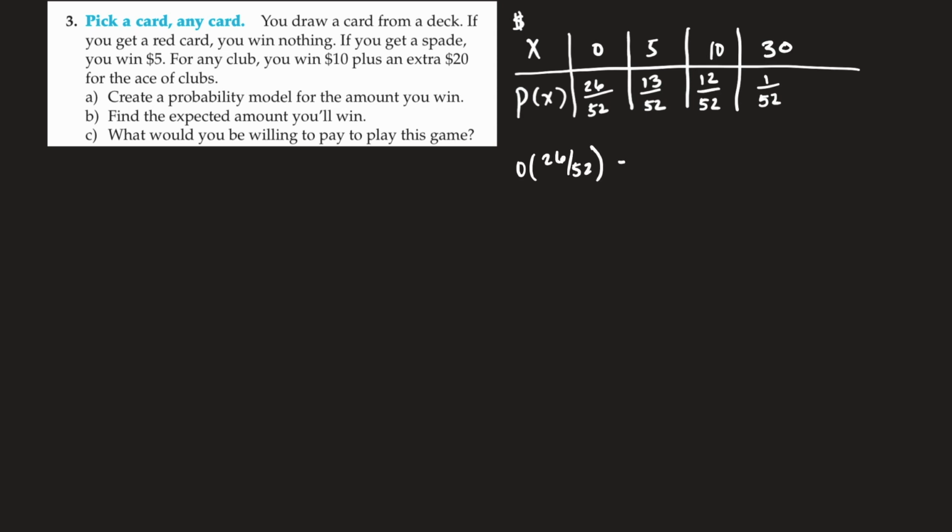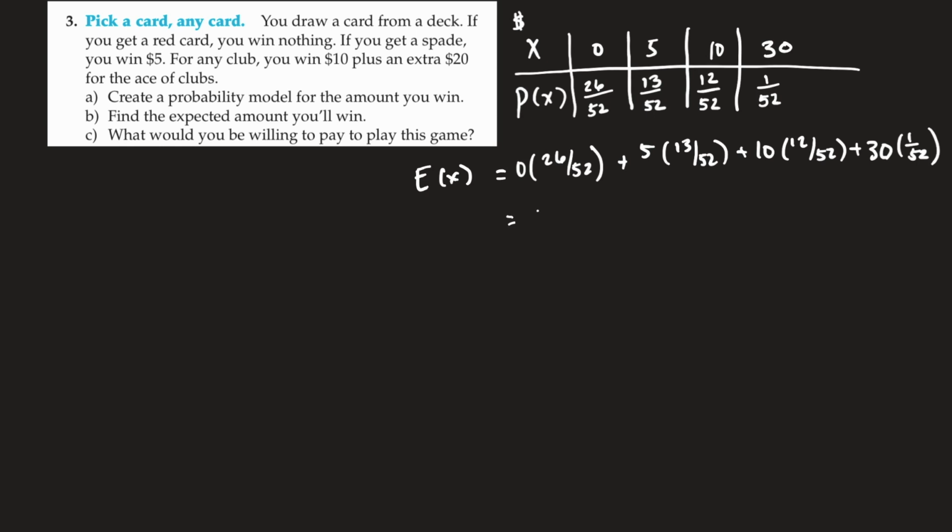That's 0, so I'm probably not going to bother with that one. And 5 times 13 out of 52 plus 10 times 12 out of 52 plus 30 times 1 out of 52. Right? This is what we would consider E of X, the expected value for this scenario.